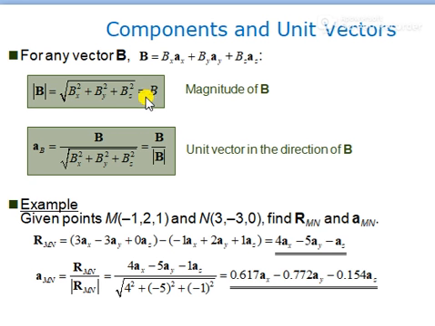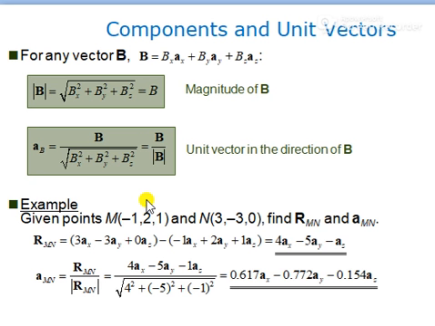This will give you the magnitude. The direction is nothing but ab, which is the vector divided by the modulus of the vector. Magnitude of vector: vector divided by magnitude of vector. That will give you the unit vector.